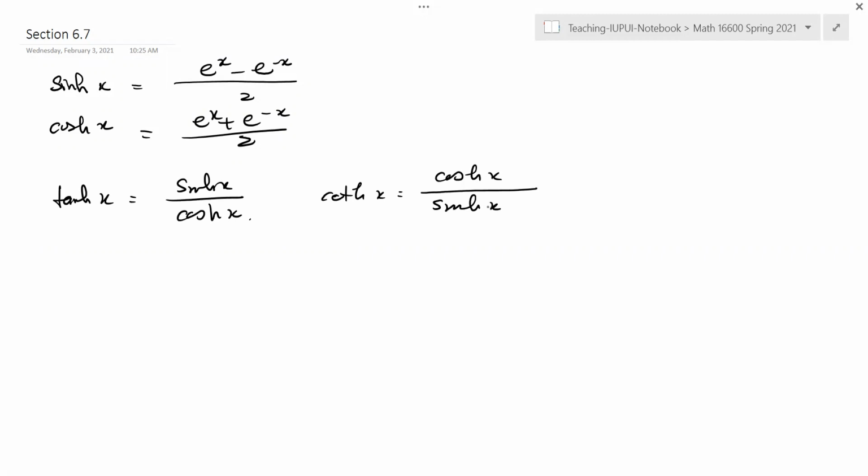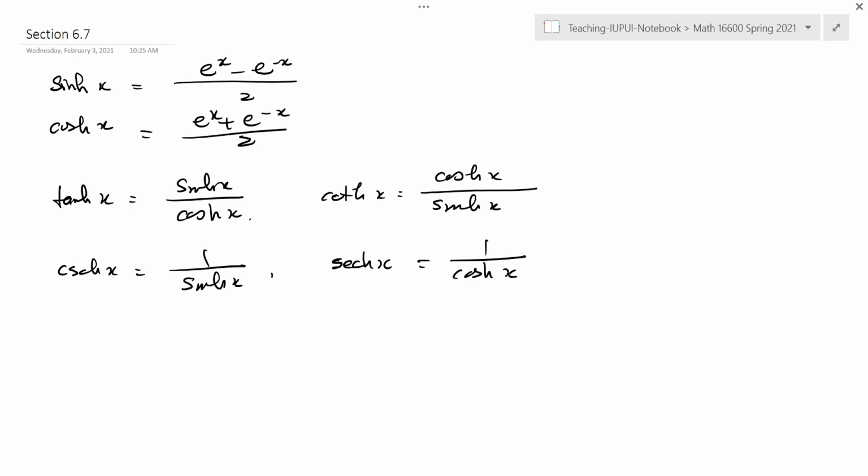And then similarly, you can define hyperbolic cosecant x and secant x. So very similar to the trigonometric functions. Okay, we have the cosecant. This is called sech x, which is 1 over hyperbolic cosine x.